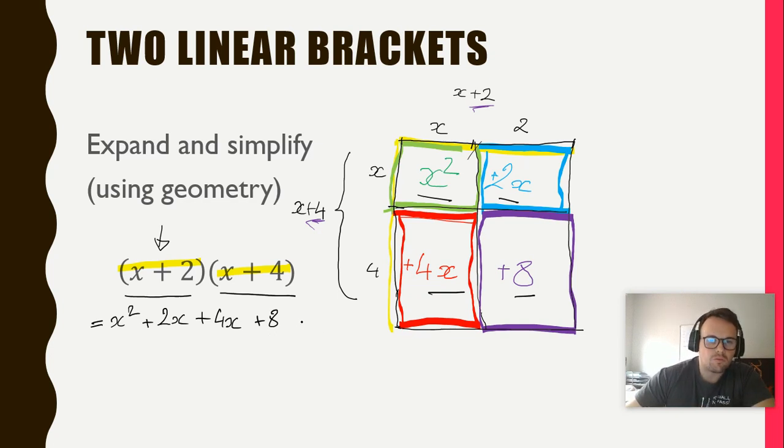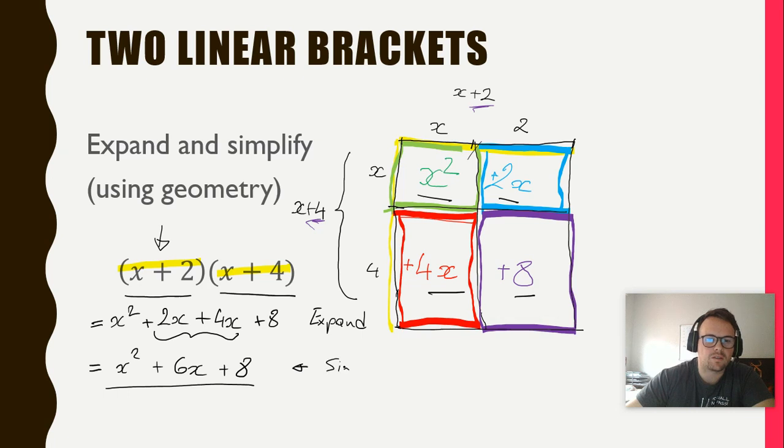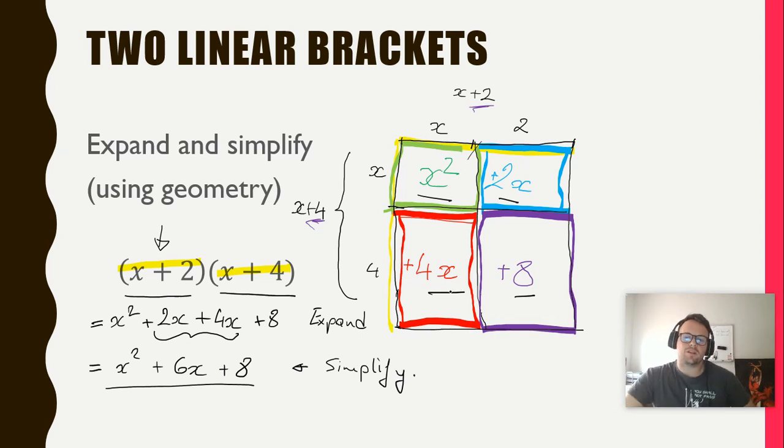Here we have just expanded. Now we have to simplify. As you can see, 2x and 4x are two like terms, so this simplifies to x squared plus 6x plus 8. Ta-da! That's the simplifying bit. So this is a more visual approach. I really like it. I recommend it.